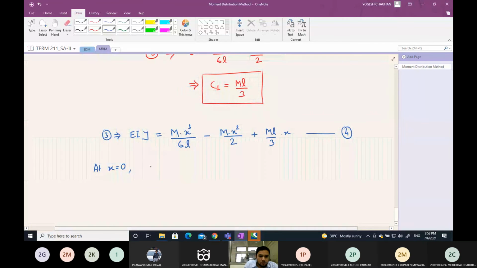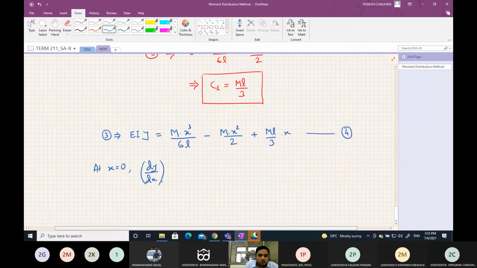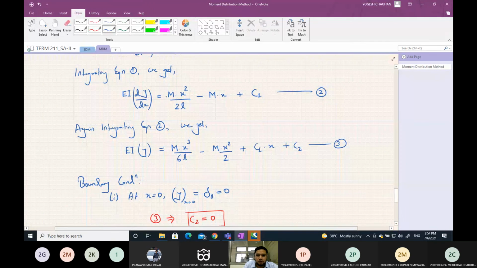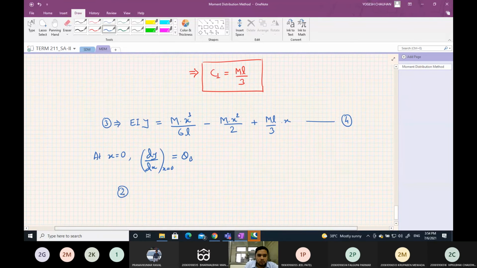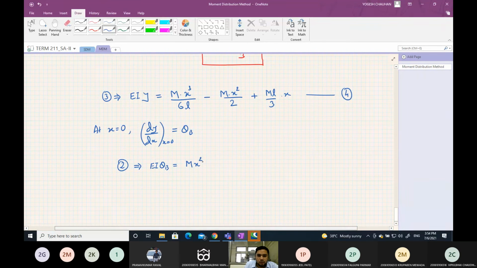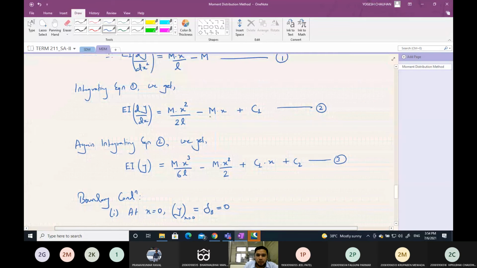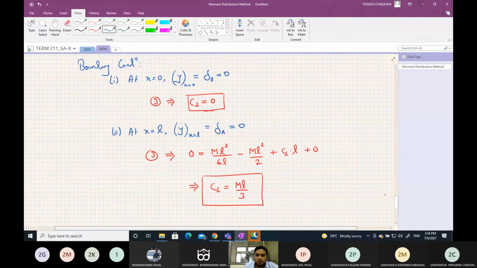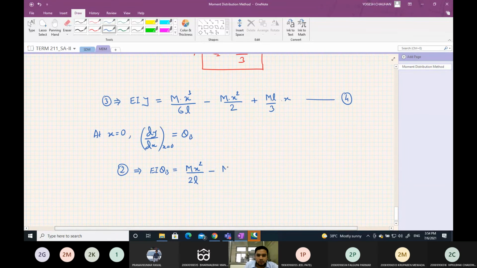So dy by dx at x equals to 0 is equal to theta B. So equation number 2 implies EI theta B is equal to M x square by 2l minus M x plus c1, where c1 is M l by 3, minus M x plus M l by 3.